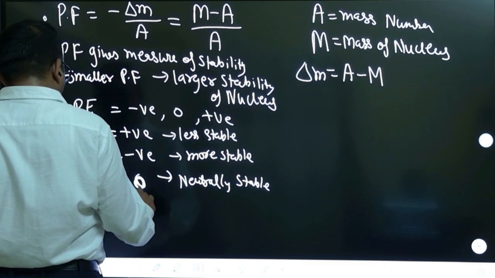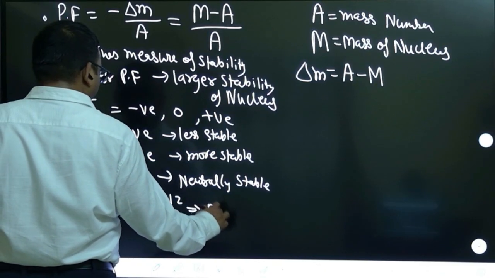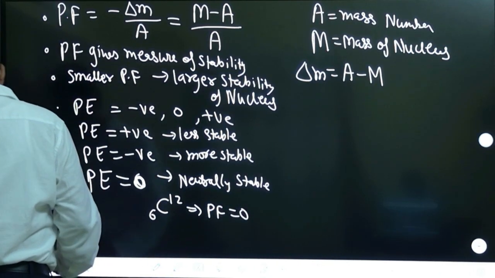For example, carbon-12 has a packing fraction of almost 0.